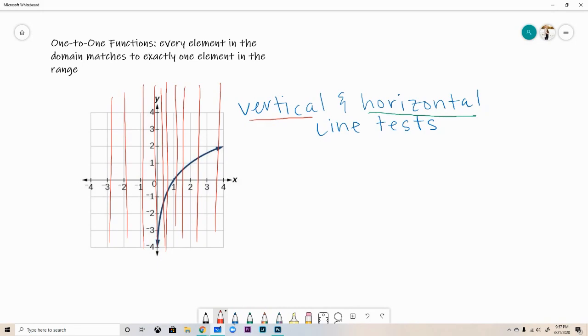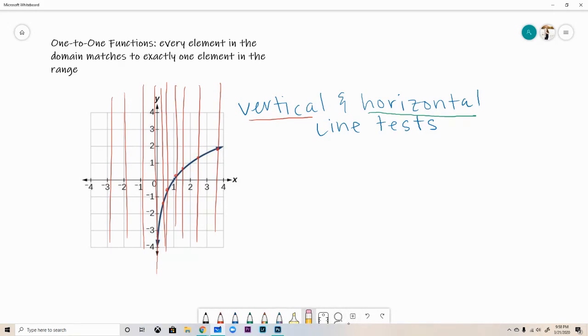This line down the middle, supposed to be the y-axis, only hits the graph at one point. It's getting closer and closer to 0 and won't actually touch it. Here's one point, here's one point. So this graph passes the vertical line test.